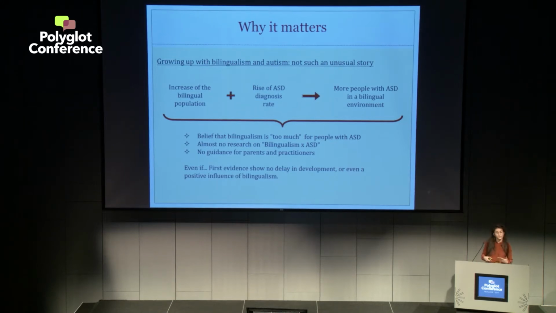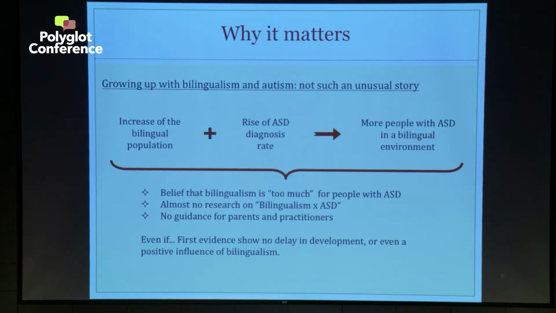As a result, there are more and more people with autism living in a bilingual environment, and we have to better understand this population. And especially, it is particularly relevant for bilingual families or families living in a bilingual environment with an autistic child. And, well, there are two problems.